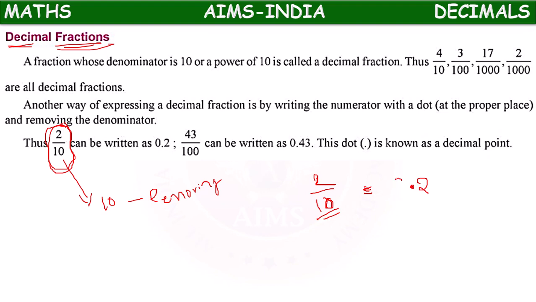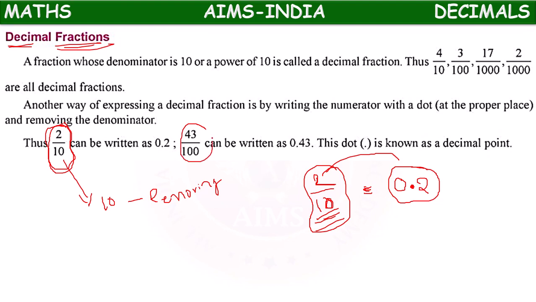Before that there is nothing, so we keep 0, and we write 0.2 and remove the 10. This is another way of representing a decimal fraction, by removing the denominator and keeping the point at the proper place. Both are considered decimal fractions.